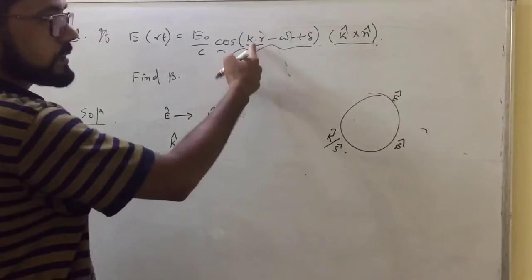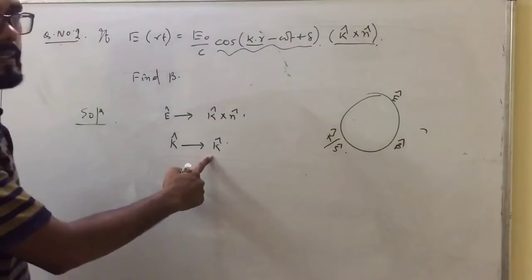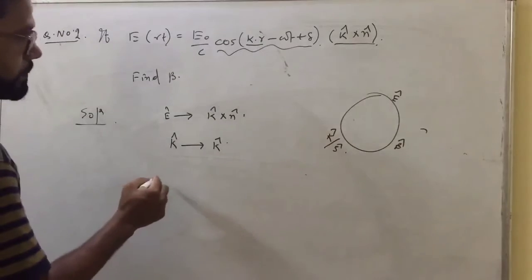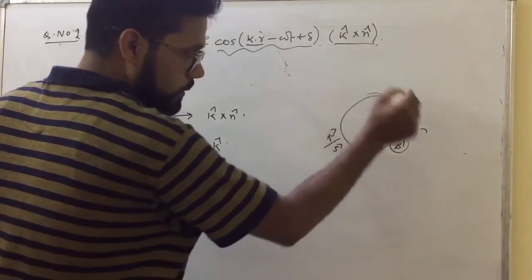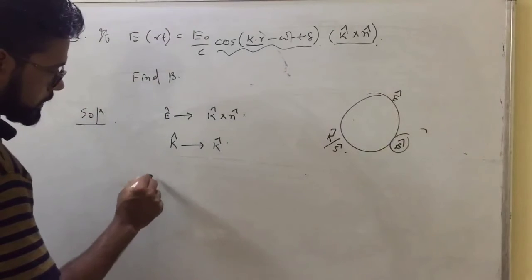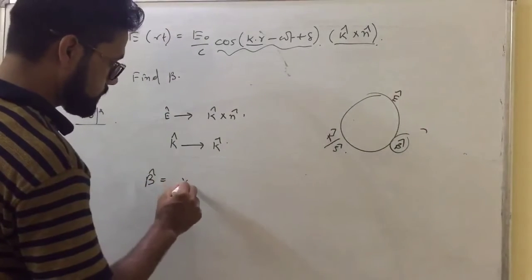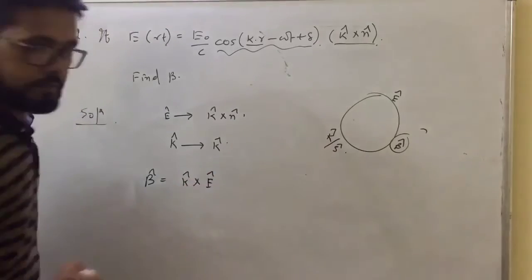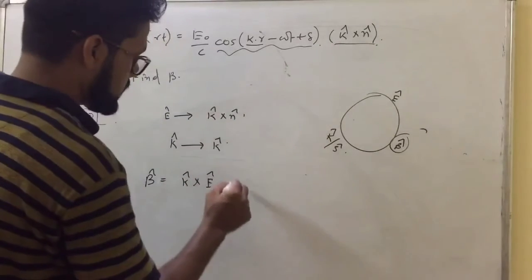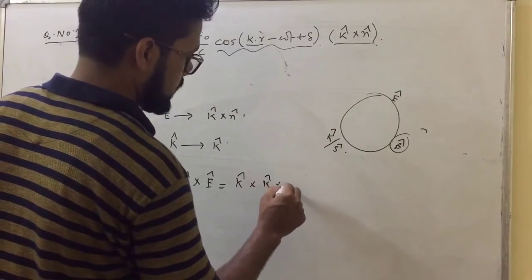It is three-dimensional, that means it is along all three directions. This is simply written as the k cap vector. So I have to find out B. B cap equals the unit vector k cap cross E cap, so k cap cross n cap.